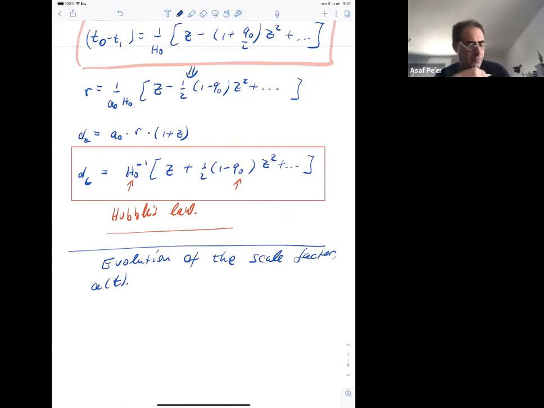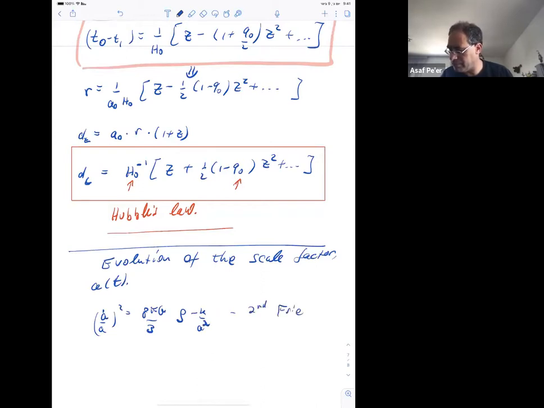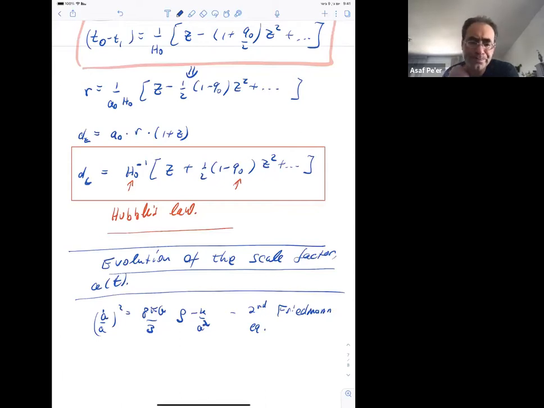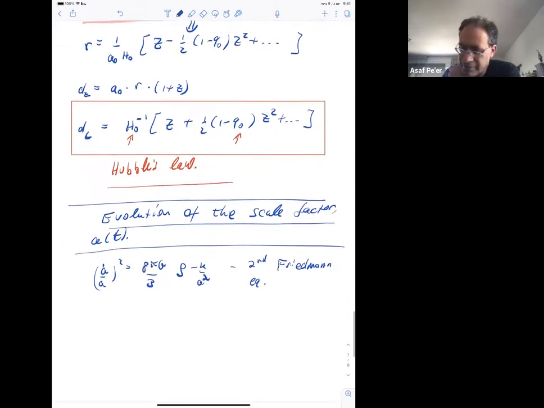So essentially what we're up to is solving Friedman's equation, right? So if we have a dot over a, Friedman's equation, a dot over a squared is 8 pi G over 3 rho minus k over a squared. This is the second Friedman equation, which we want to solve now and get the evolution of a of t.